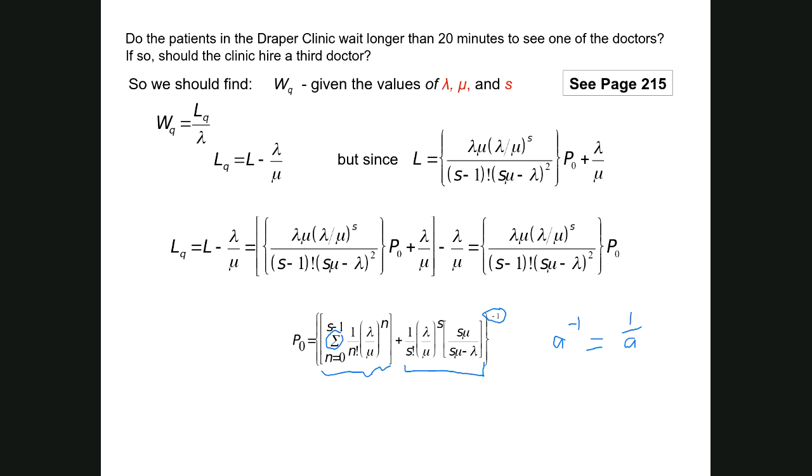The first thing that we're going to do on the next slides is calculate P sub 0.